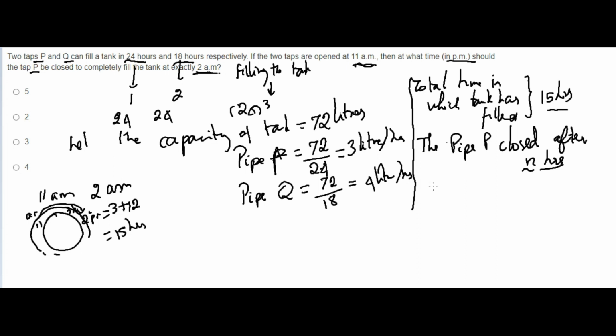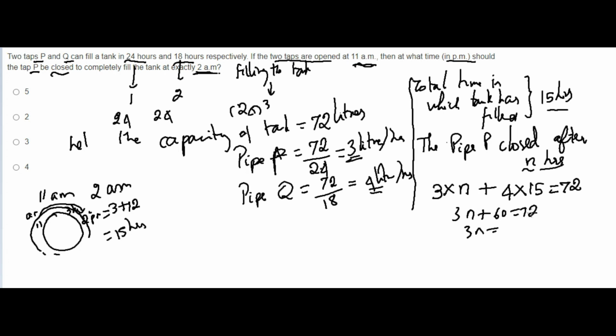Pipe P has 3 liters per hour, so you don't know the time exactly, we just take 3n, plus 4 into 15 hours for Q. Because both taps are open, P as well as Q, but P is closed, Q keeps filling for the full 15 hours, so 4 into 15 is 60 liters. Totally 72 liters, so 3n plus 60 is equal to 72.